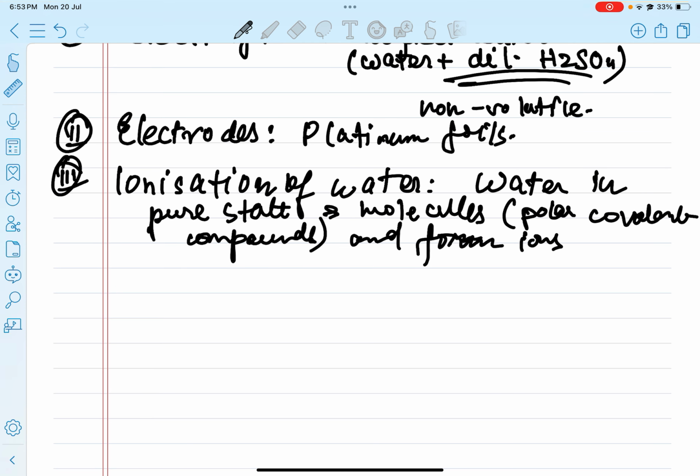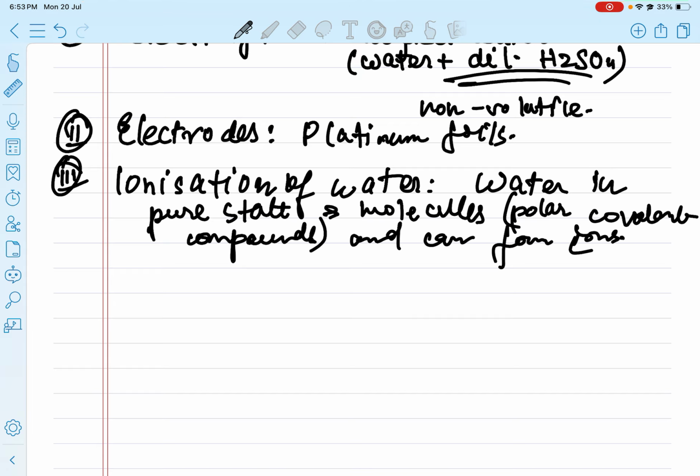My handwriting is bad, but don't mind, go on the content and not the handwriting. So it's a polar covalent compound and can form ions. It has the capability to form ions when traces of dilute sulfuric acid are added. Why?